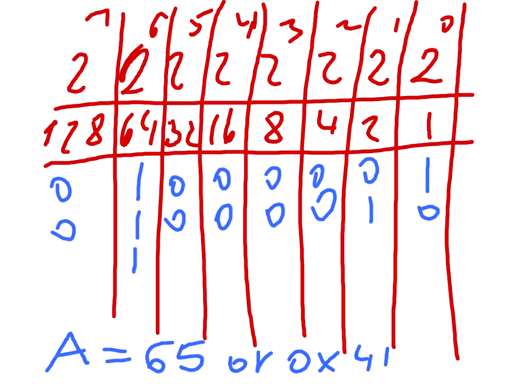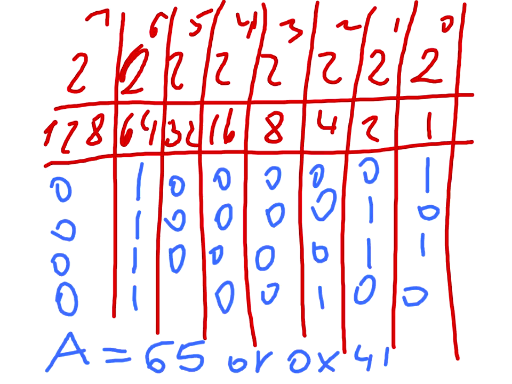What is 67? 64 plus 2 plus 1, and everything else is 0. Then what is D? 68. What is 68? 64 plus 4. So this would be the basic conversion.